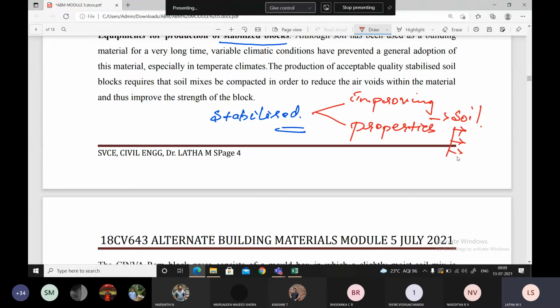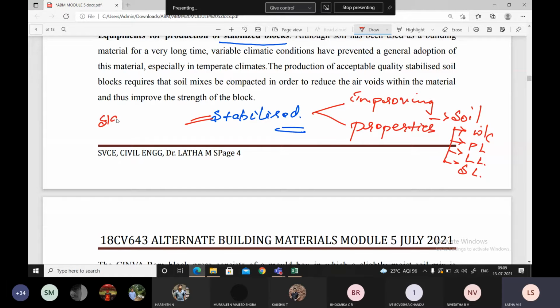The water content, then plastic limit, liquid limit, then shrinkage limit. Improving all those properties of a soil is called stabilization. It's a chemical process: you're making a chemical reaction take place between the stabilizer and the soil.